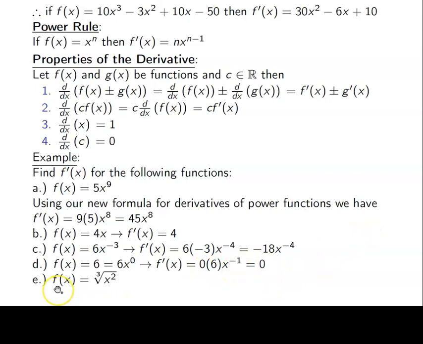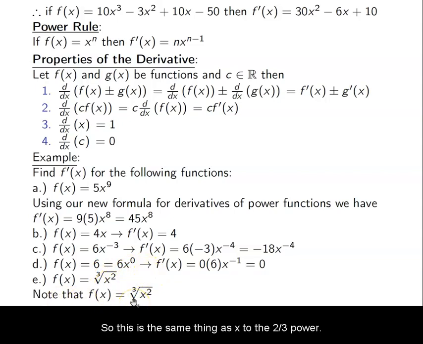Here we have f of x is the cubed root of x squared. Now you might say, oh, Professor Limbs, this isn't a power function. But it is. You take this cubed root, this nth root, and you turn it into a power. So this is the same thing as x to the 2/3 power.